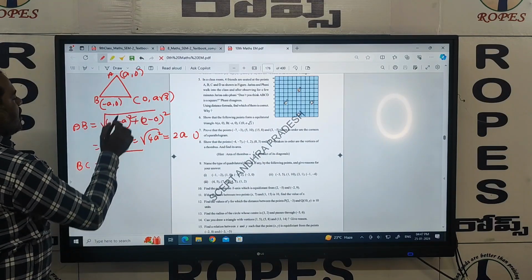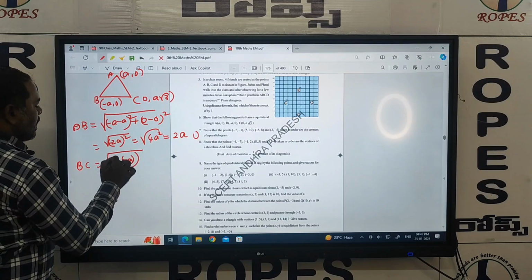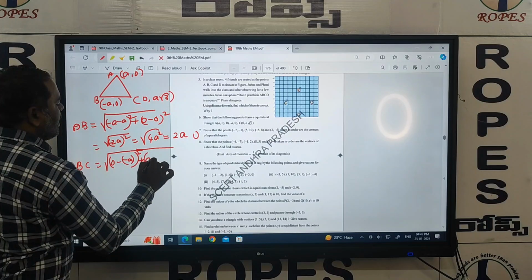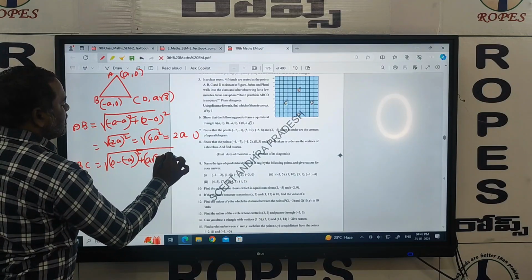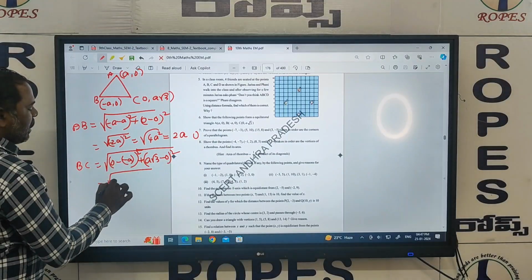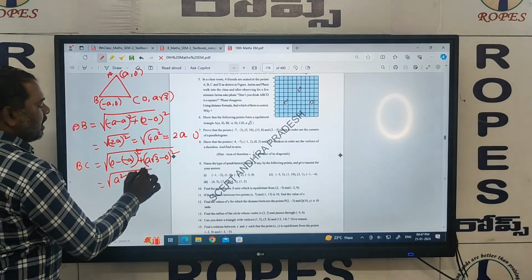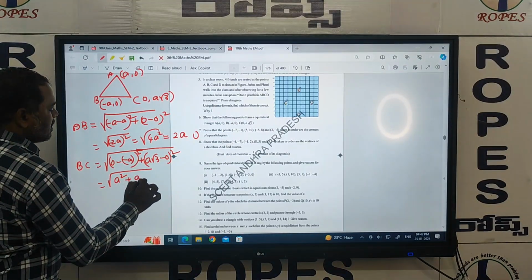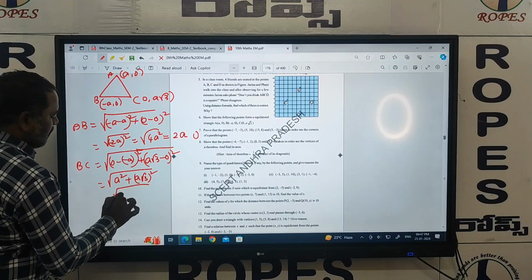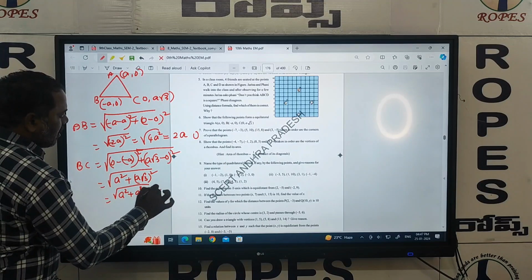And the BC distance is nothing but root of (0 − (−a)) whole square plus (a√3 − 0) whole square. That we can write as a square plus (a√3) whole square, which means a square plus a square into root 3 square.